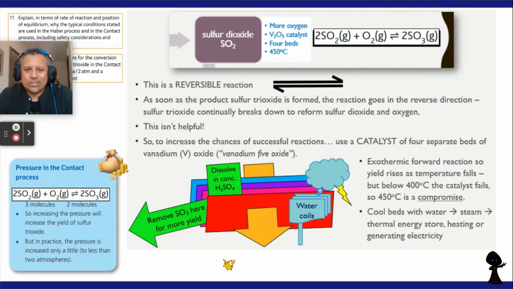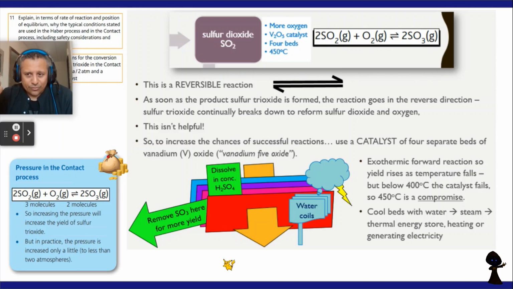To increase the chances of successful reactions, we use catalysts to try and get us to that point of equilibrium, and then after the third run through the vanadium(V) oxide, we remove the SO3 by dissolving it in concentrated sulfuric acid. Remember, the water coils are also always absorbing the heat to keep it safe and to also help with the economics as well.